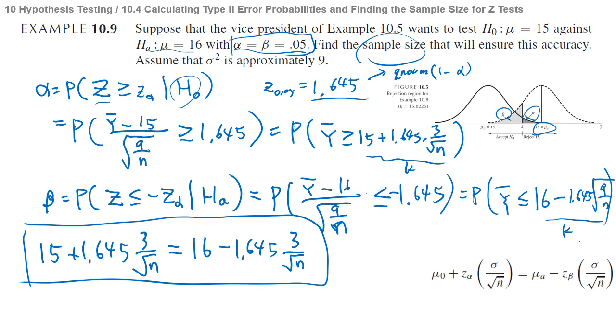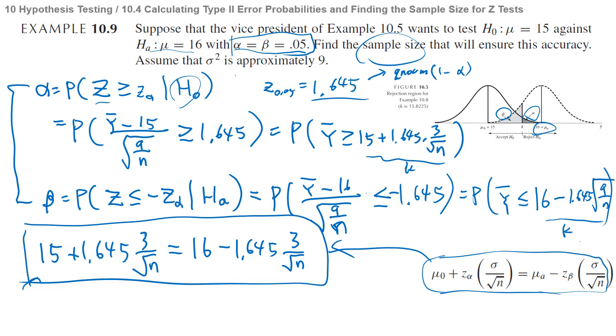Actually, this is from here. To let you understand the situation, I derived this directly. But if you understand this situation, you can directly use this one, and then solve it with respect to n. Then you can calculate n.